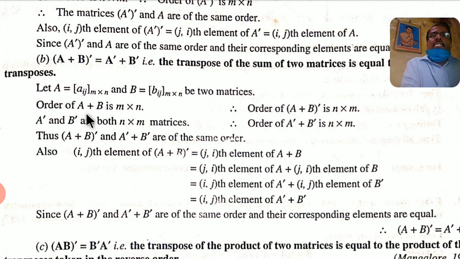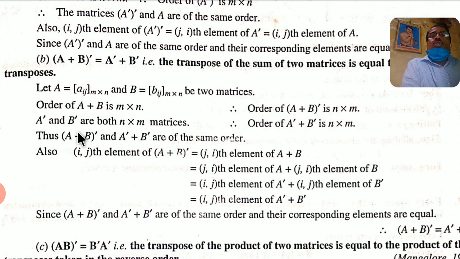Then the order of A plus B whole dash is n cross m, because rows and columns are interchanged. Next, A dash is the transpose of A, so it is of order n cross m, and B dash is the transpose of B, so B dash is also n cross m.